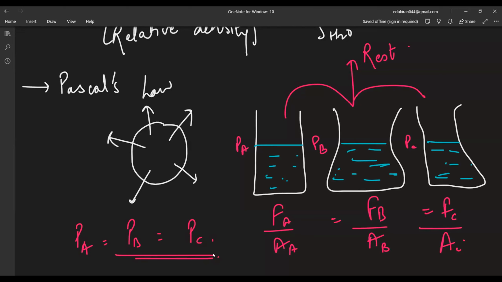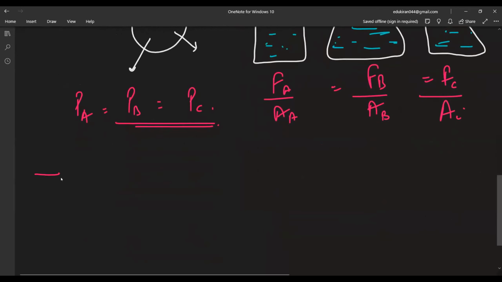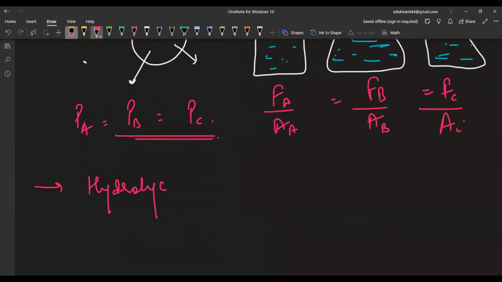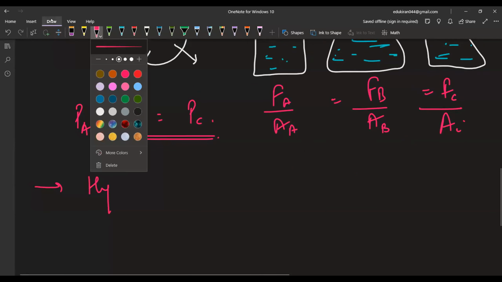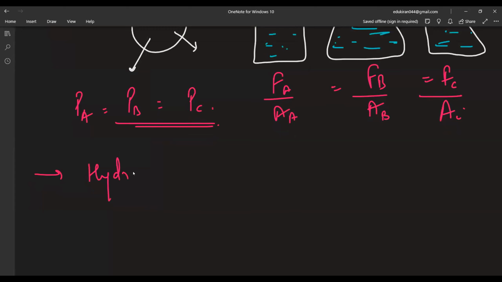Then under the applications of it, you have a very important concept that is known as the hydraulic lift.